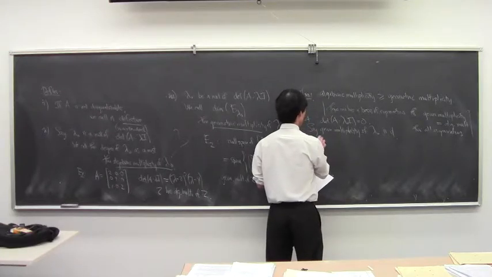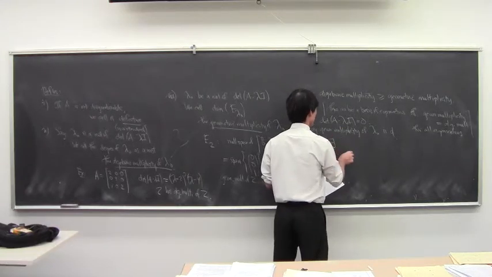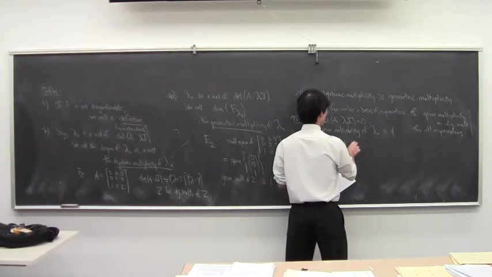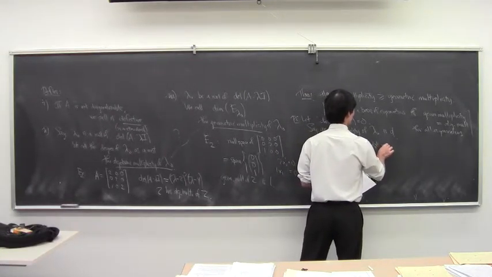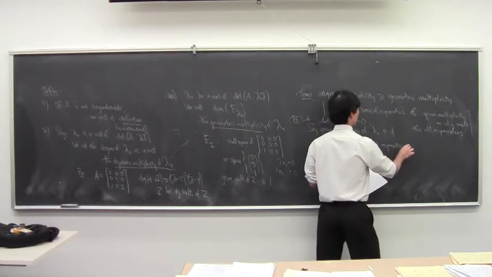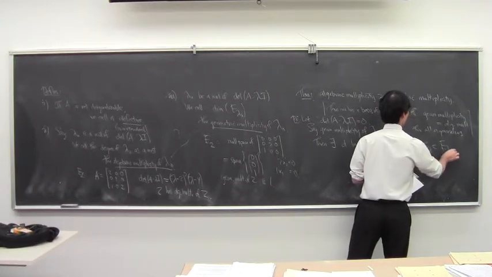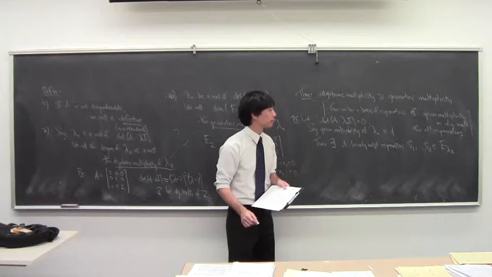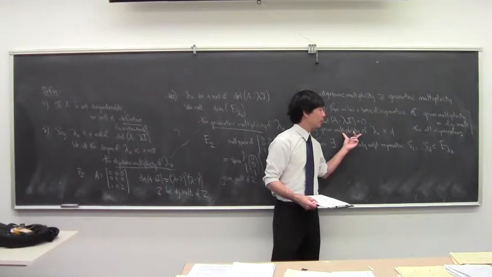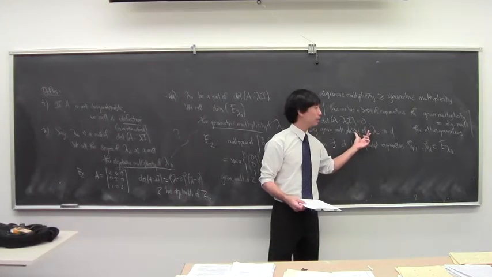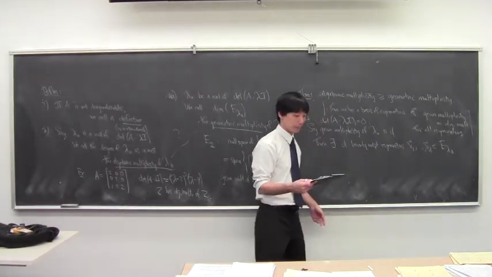In that case, there exist d linearly independent eigenvectors v1 through vd in E sub lambda naught. Like, the geometric multiplicity is d. In other words, the dimension of that eigenspace is d.